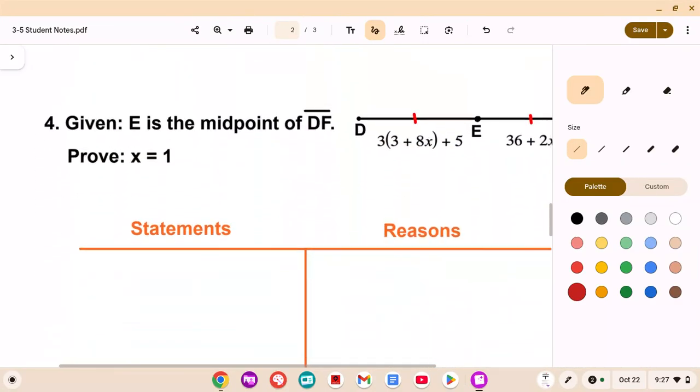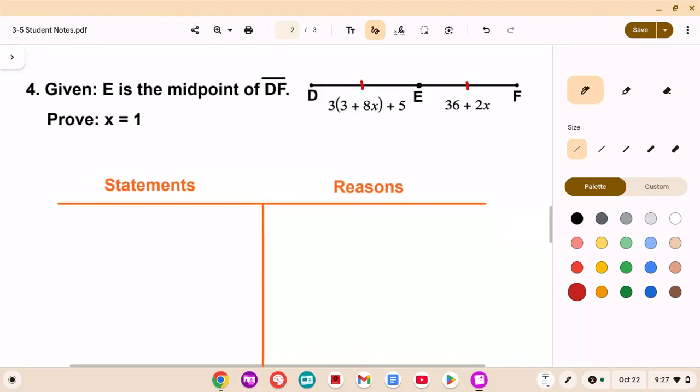All right. In example number 4, they say E is the midpoint of DF. And you can even see those little tally marks in there. Let's go ahead and copy down that given. Okay, I need a geometry step here.